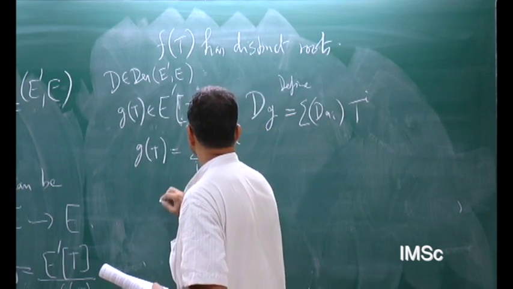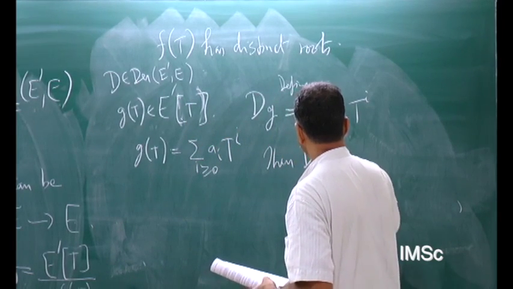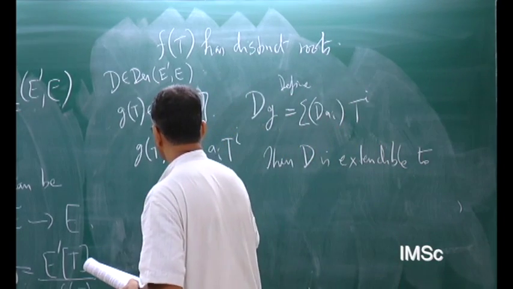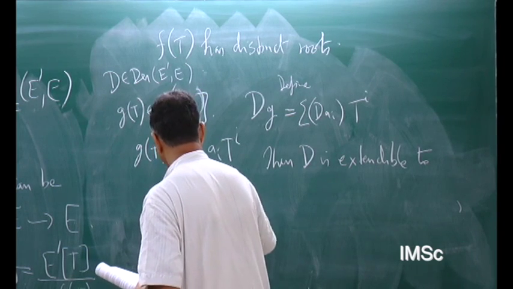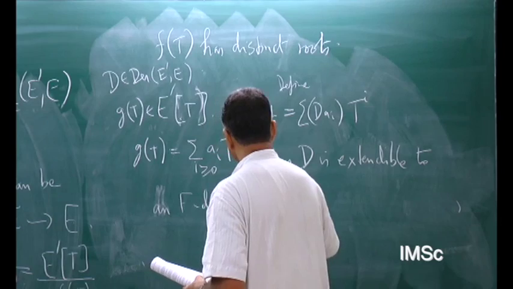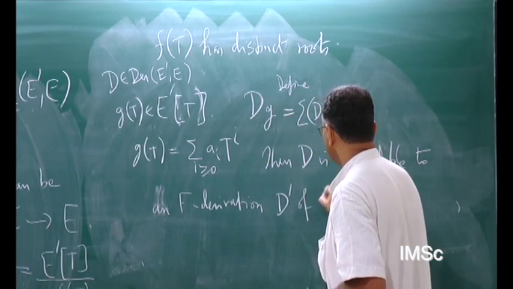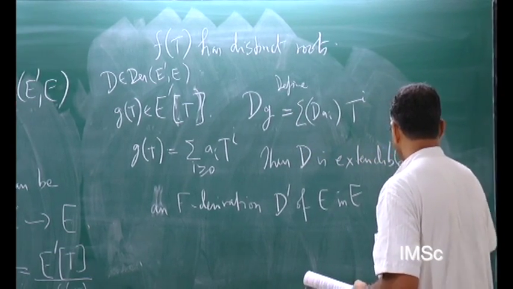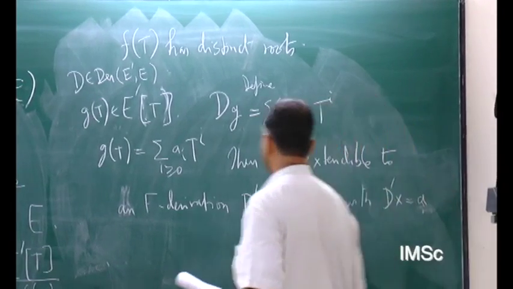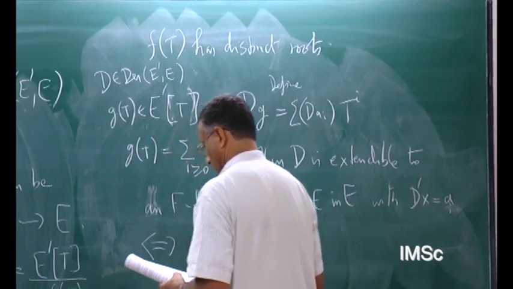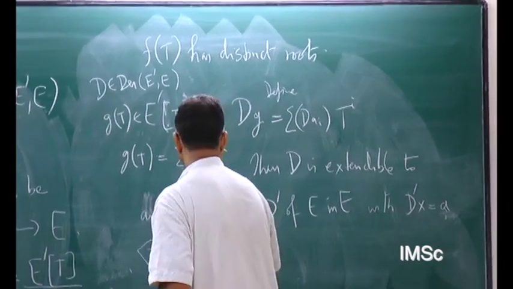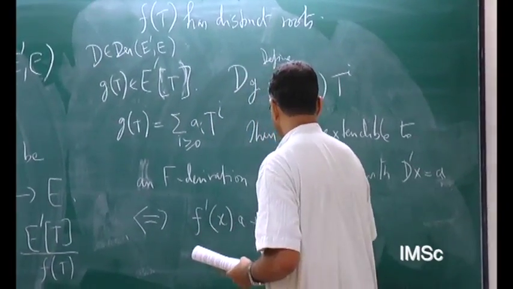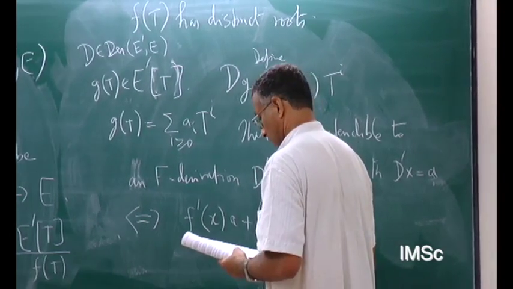Now then the claim is that d is extendable to an f derivation d' of E in E with d' x equal to a if and only if f' x a plus df of x equals 0.